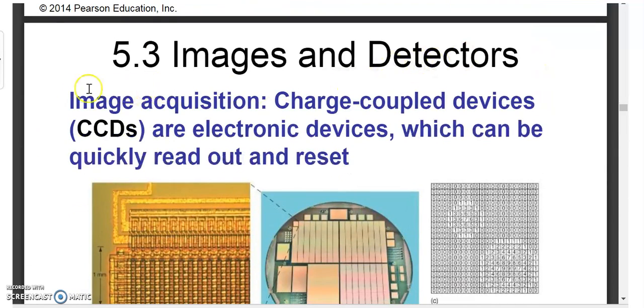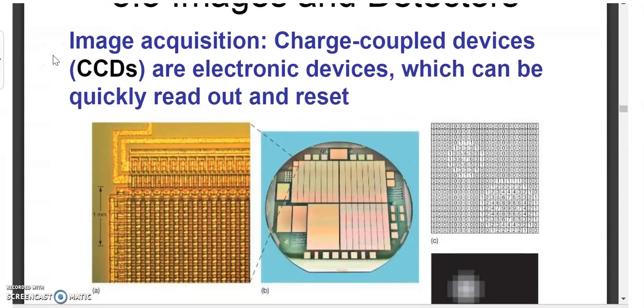So one of the ways that we are able to record images is using what are called CCDs, or charge coupled devices. And what's nice about a charge coupled device is that it's very similar to the human eye. Obviously it's electronics, so it's not similar in that sense, but it's affected by light in a very similar way to what the human eye does.